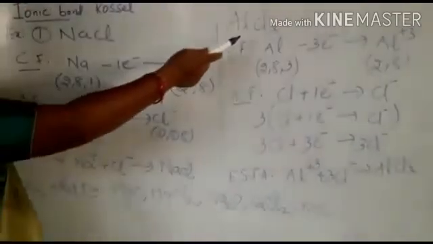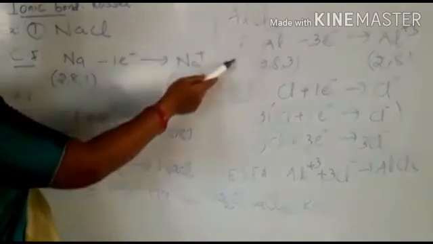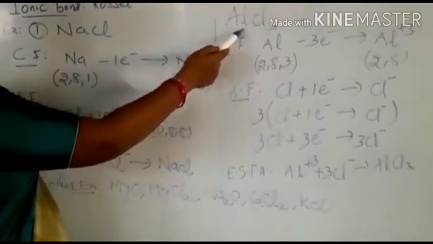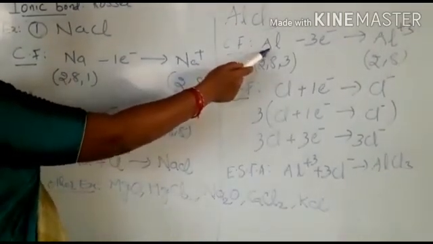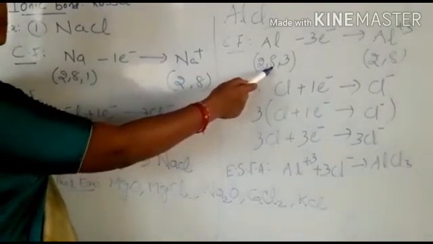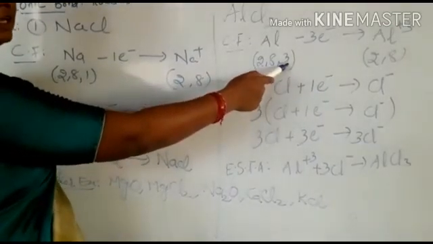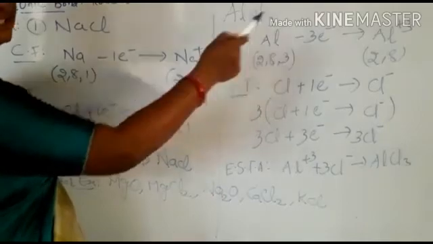Now we will go for one more example, AlCl3. For the cation formation, we take a third A group element, aluminium. Aluminium has electronic configuration 1s2 2s2 2p6 3s2 3p1, that means the valence shell has 3 electrons.